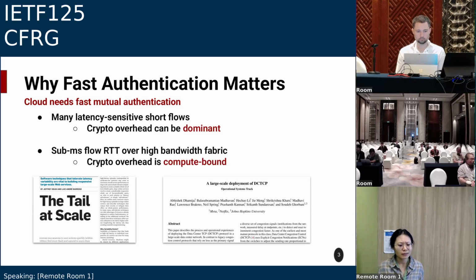The round trip time in the cloud is very small, like 10 to 15 microseconds, which is different from the internet, where it's usually tens of milliseconds. Sometimes the crypto operation can take longer than the networking itself.